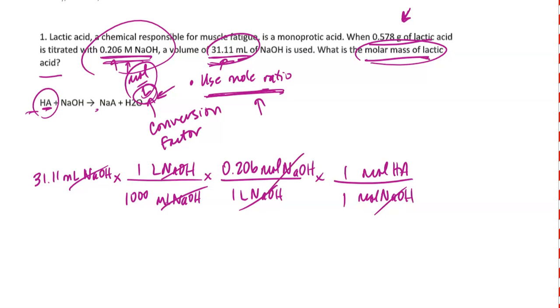The reason I know I want to stop is because molar masses have units of grams per mole. I already have the grams part. That means if I just calculate this mole part for the lactic acid, I'll have everything I need to calculate my molar mass. And so I'm going to stop my dimensional analysis there and do this math that's in front of me.